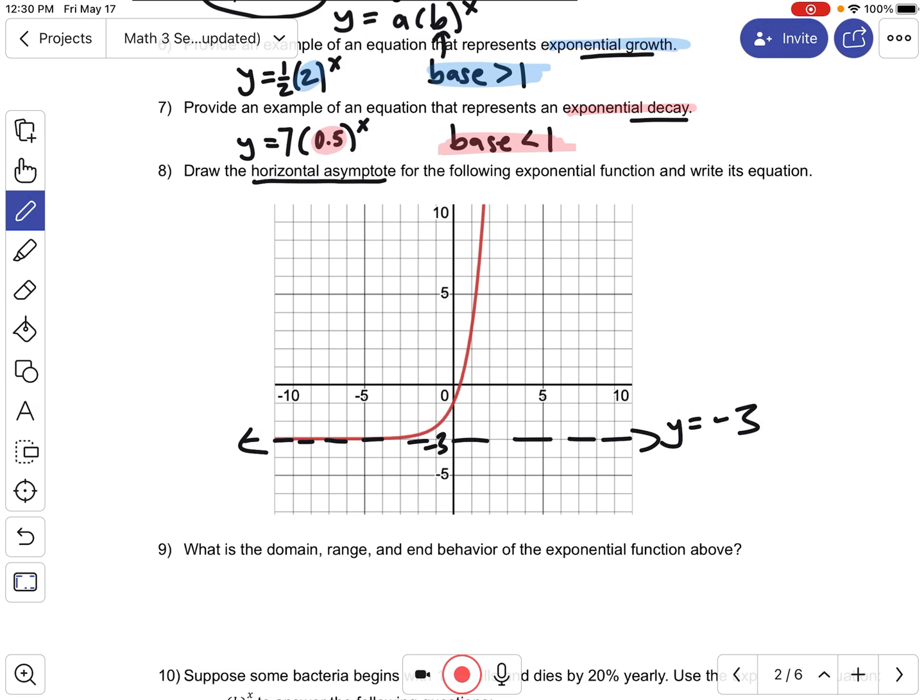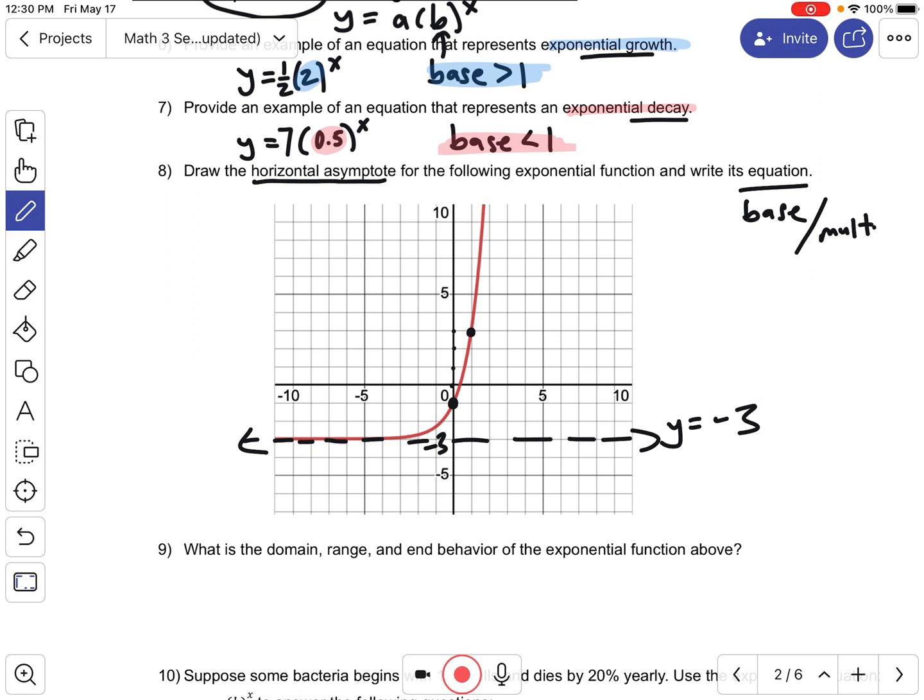Now, for the equation, you kind of have to know what the base is, and really that's the same thing as knowing what the multiplier is. What are you multiplying the first point by to get to the second? In this case, if we look at these 2 points, this is 1, 2, 3, 4 over 1.